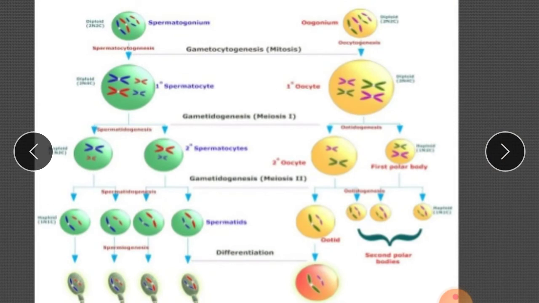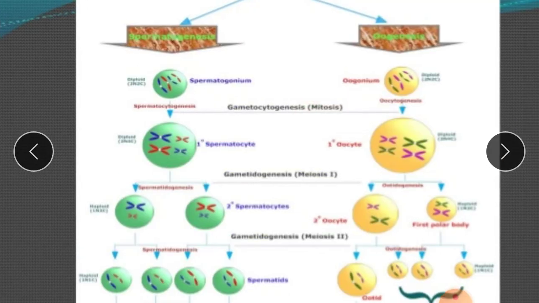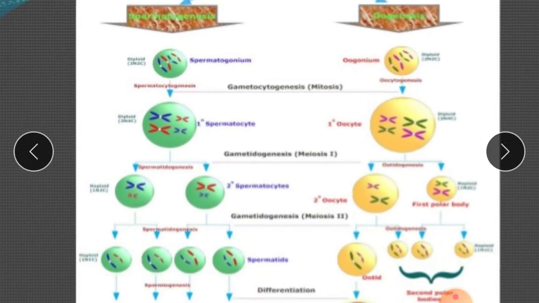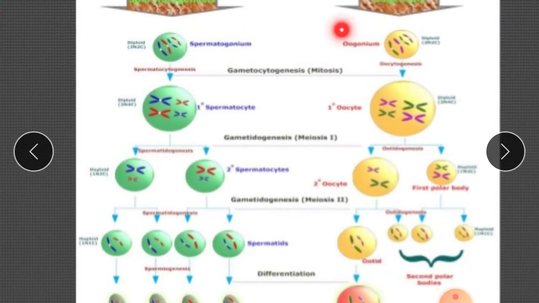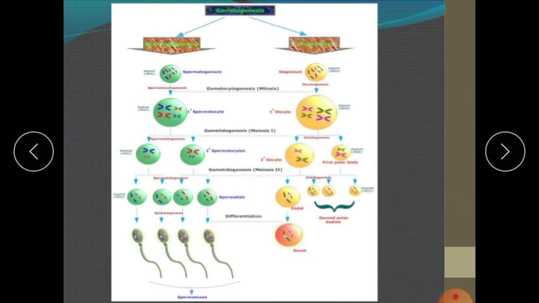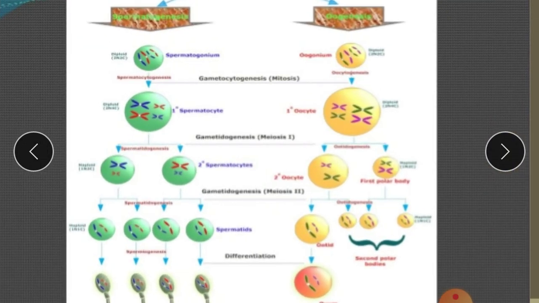So here you can see this is spermatogenesis and this is oogenesis. Spermatogenesis, can you see here? Spermatogonium grows in size. It becomes the primary spermatocyte. The primary spermatocyte undergoes meiosis I to produce two daughter cells called secondary spermatocytes.